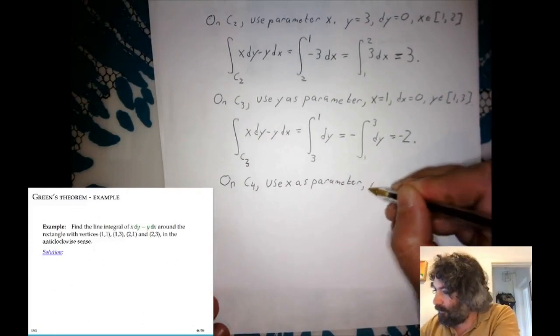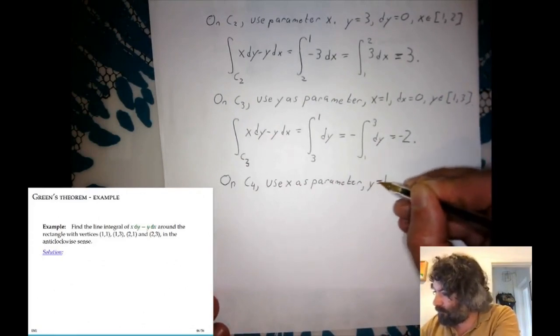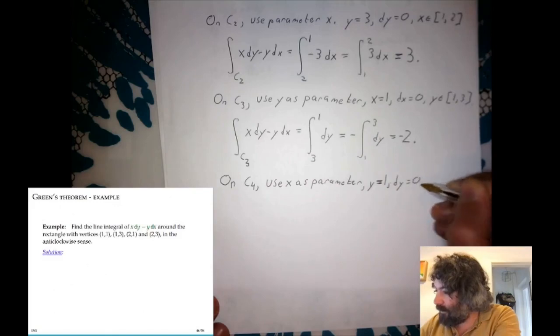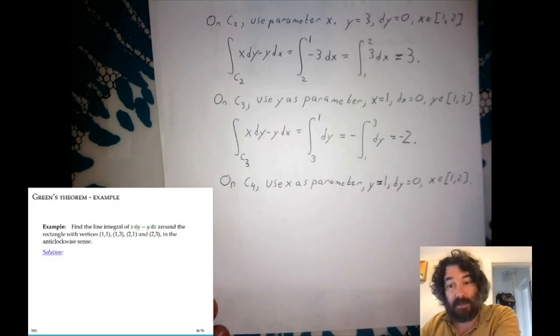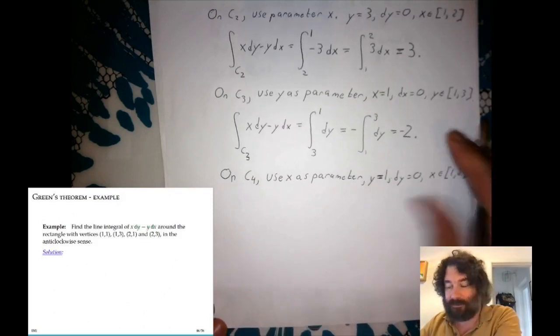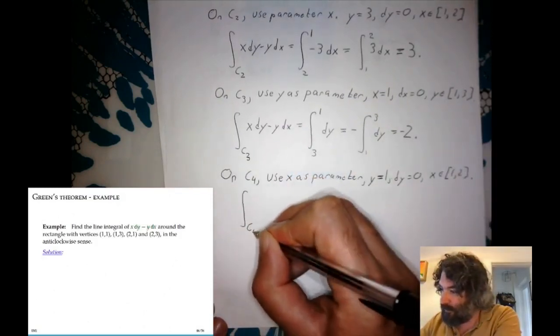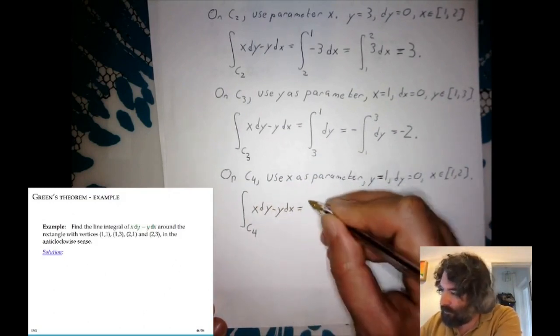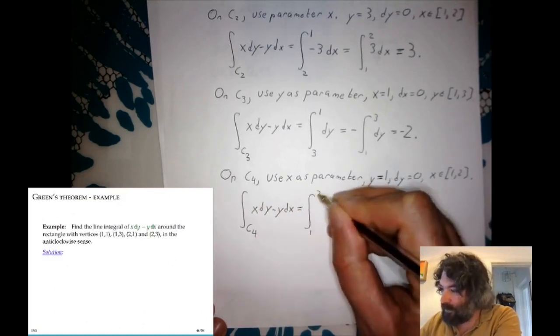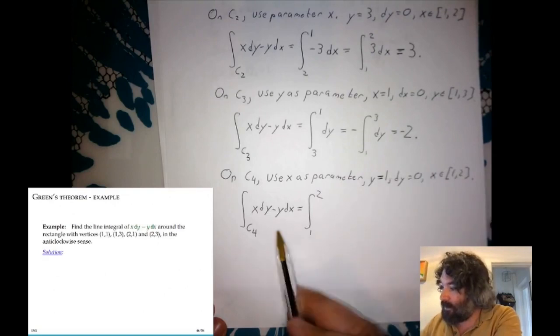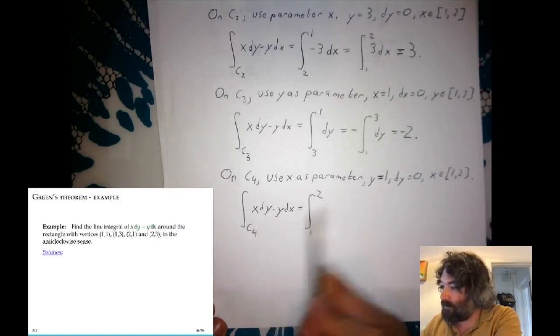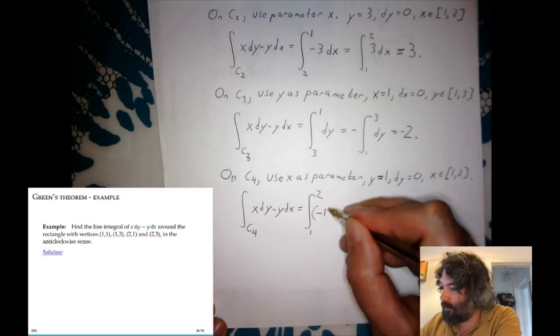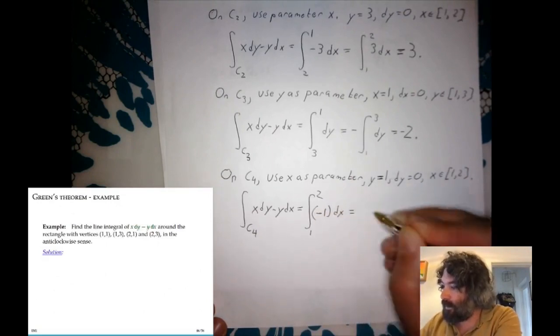So we have y equals 1, dy equals 0, and x goes from 1 to 2. X is in the interval from 1 to 2, and when we parameterize it with the correct orientation, it goes from 1 to 2. So the integral over C4 of this differential form is equal to the integral from 1 to 2, x goes from 1 to 2, dy is 0 and y is equal to 1, so minus 1 dx, and so that is minus 1.